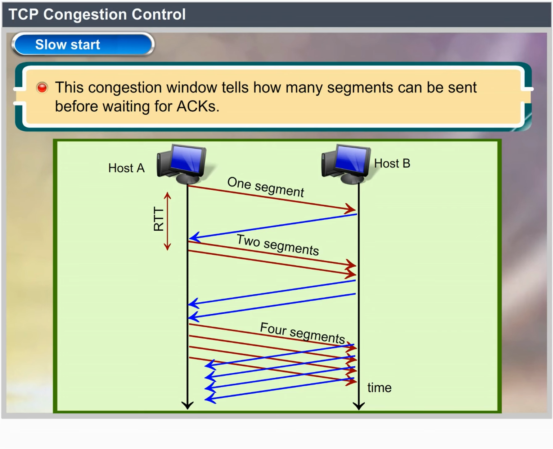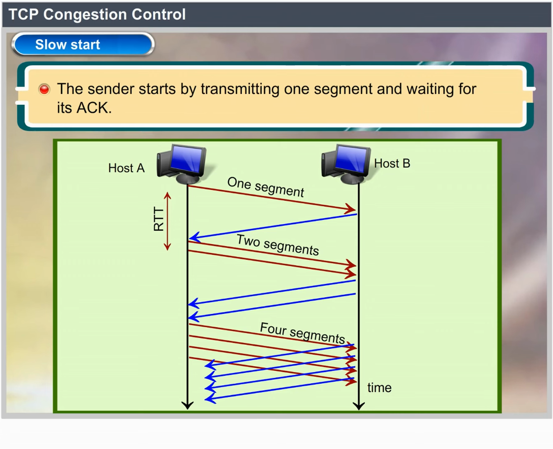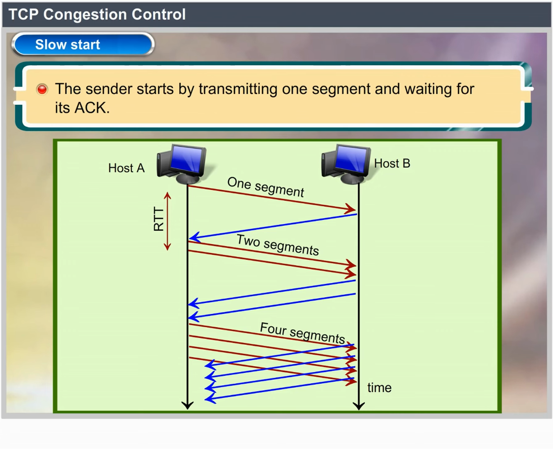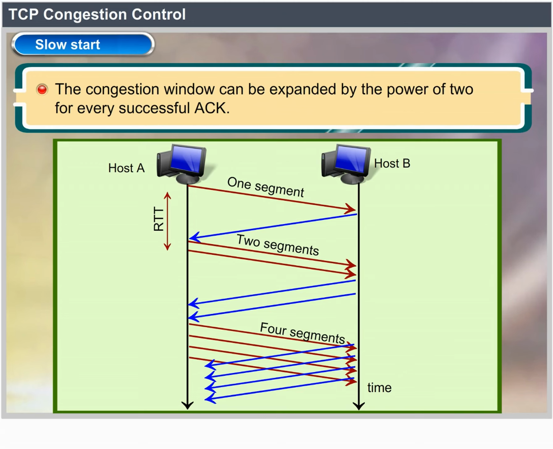When a new connection is established with a host on another network, the congestion window is initialized to one segment. The sender starts by transmitting one segment and waiting for its ACK. When that ACK is received, the congestion window is incremented from 1 to 2 and 2 segments can be sent. The congestion window can be expanded by a power of 2 for every successful round of ACKs.